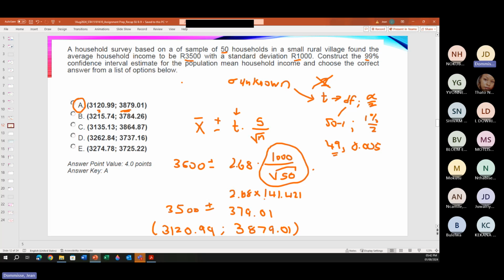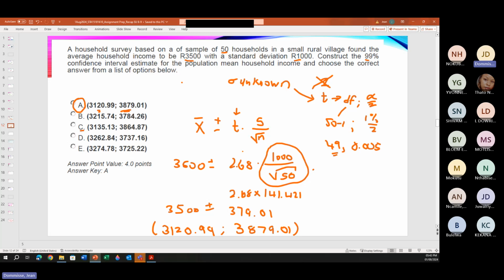So if we used 2.58 instead of a 2.68, what would have happened is that our answer then would have been option C. So that is where, if you now set option C as your answer, you might get a half or you might get 1 point instead of 2 points, because you still did the rest of the process right.